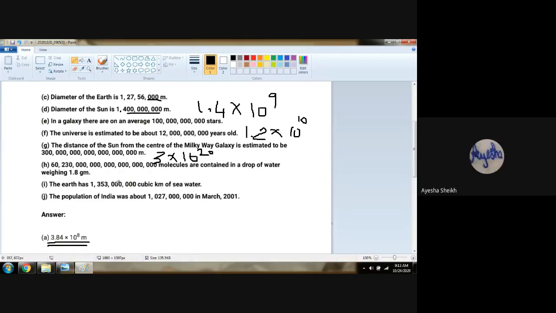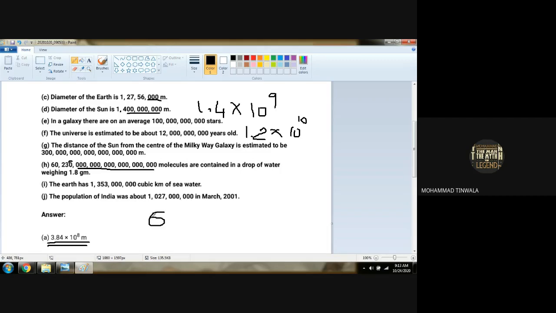Now 6023, 60230, then 3030303030, then what should be the sign? How many zeros are there? 3, 6, 8, 9, 12, 15, 18, and over here 1 0 here.